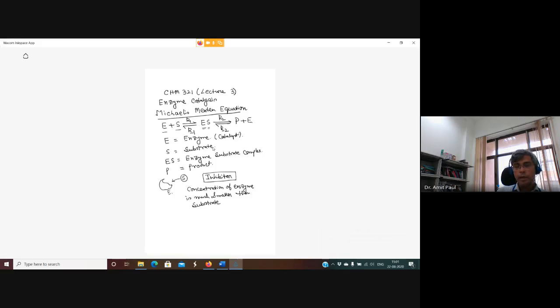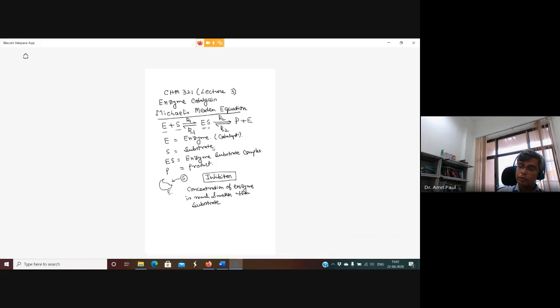This is an important point for us to remember. When we try to understand catalysis, if you go to a lab, you'll often hear the supervisor say catalytic amount. Catalytic amount means the concentration of the catalyst should be much lower than the substrate concentration. Okay, so this is very important for us to understand.